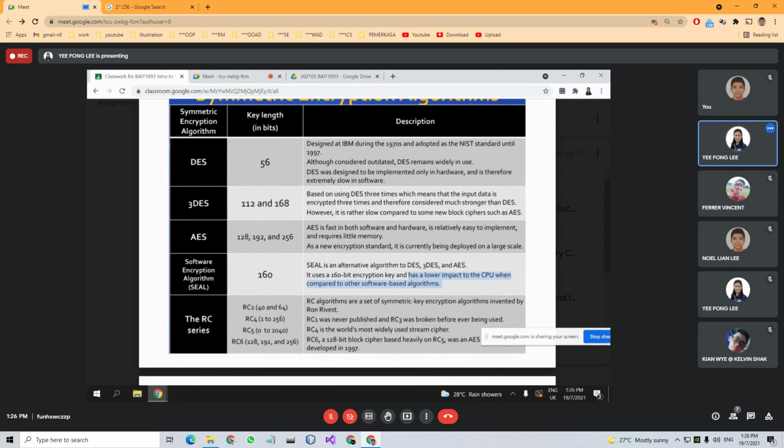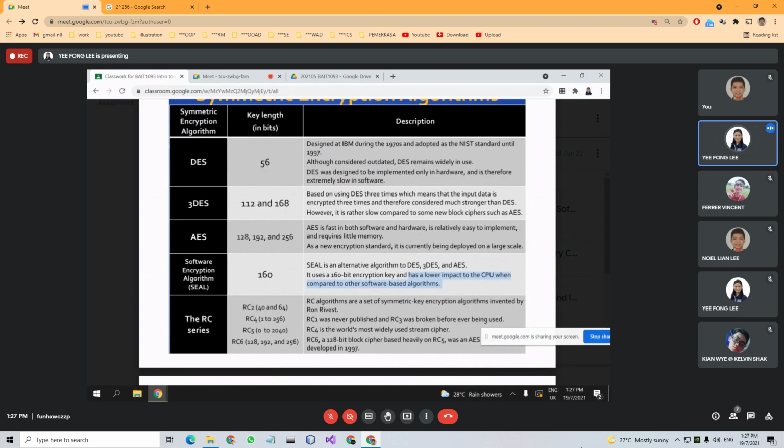56 bits means 2 to the power of 56. What is the total? Very small. Okay, use your calculator, 2 to the power of 56. The number of possible values is quite small. That's why it is easily cracked, easily decrypted by cryptanalysis.